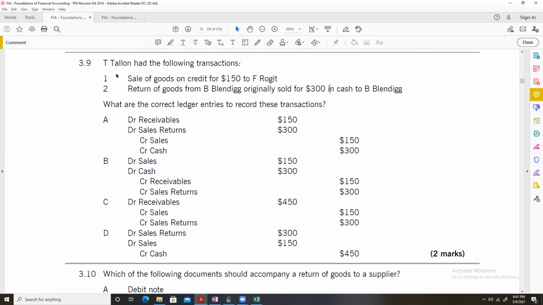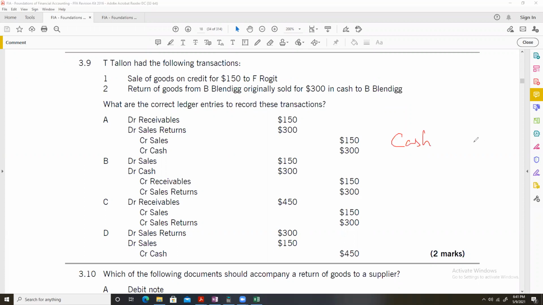Here we have two transactions. One is a credit sale, and another is a return of goods from a customer to whom we sold goods for cash. So when we get a return from a customer to whom we sold goods for cash, we will have to pay him back the cash.